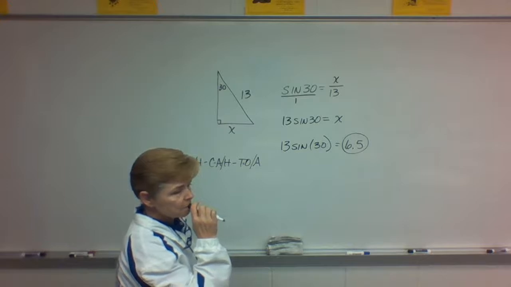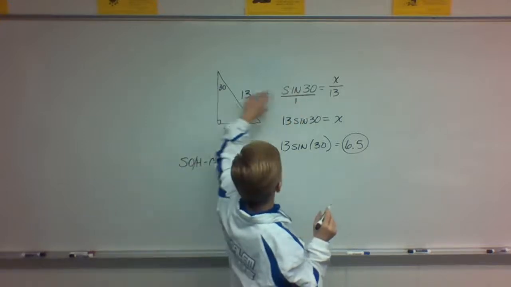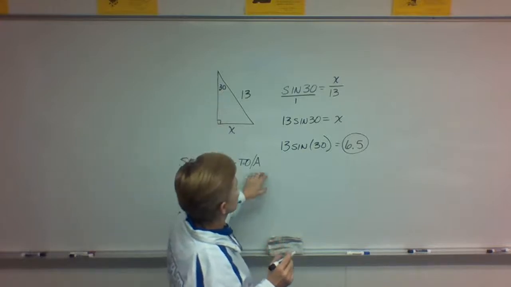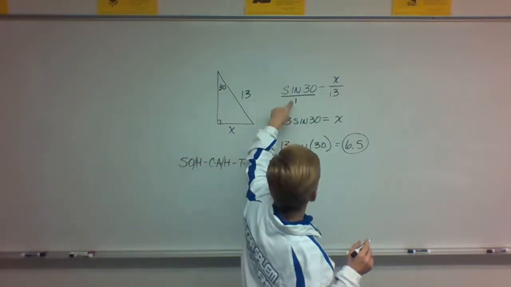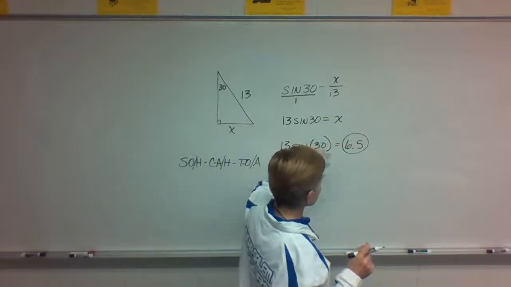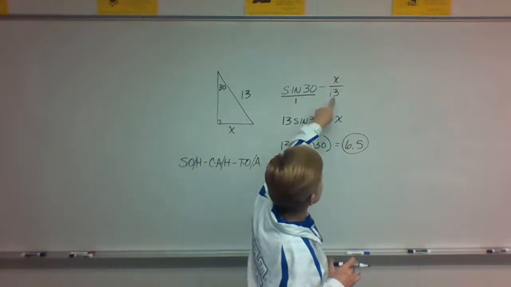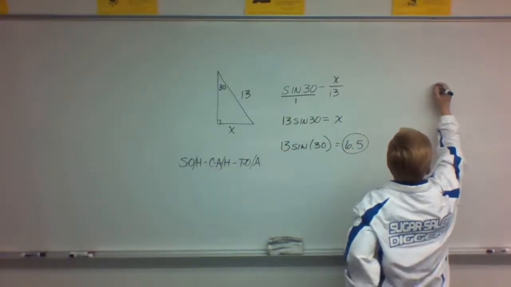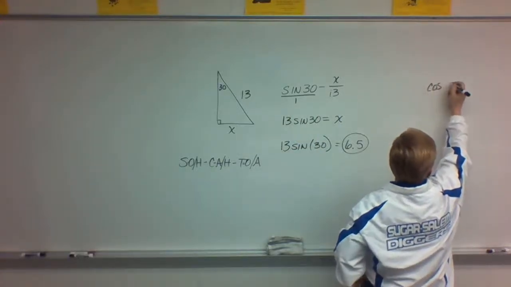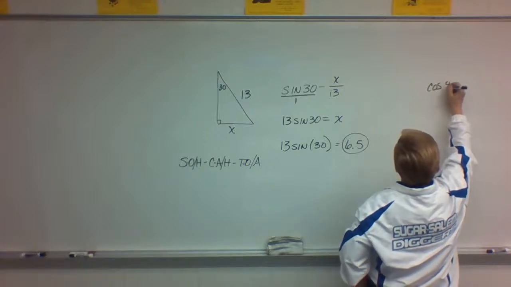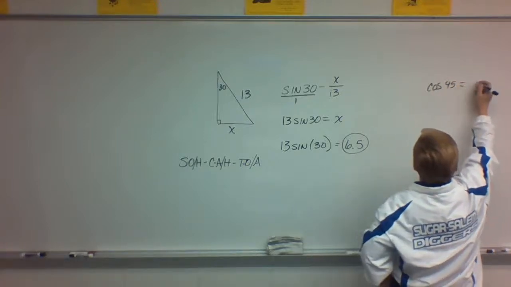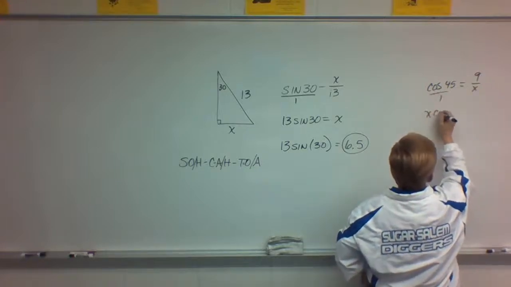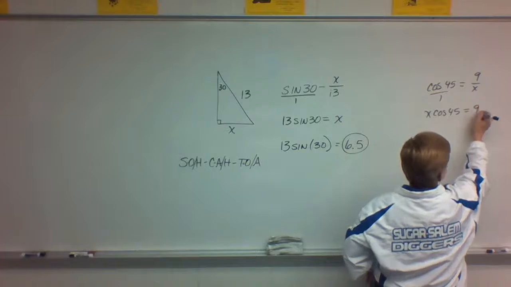We okay on that? So first decide what links the two sides together with respect to the angle. Which one of these three things? Write it down, make it a proportion, cross multiply, and continue working on it till x is isolated. Because if x were down here, for example, say the cosine of 45 was equal to 9 over x, then when you cross multiply, you're going to get x cosine of 45 equals 9, and x is not isolated yet.